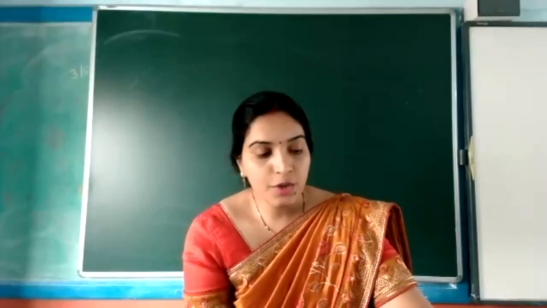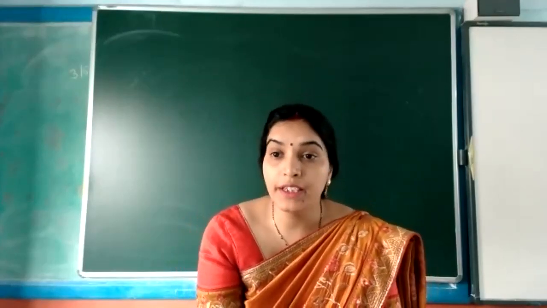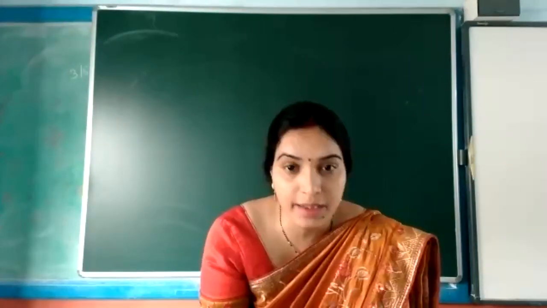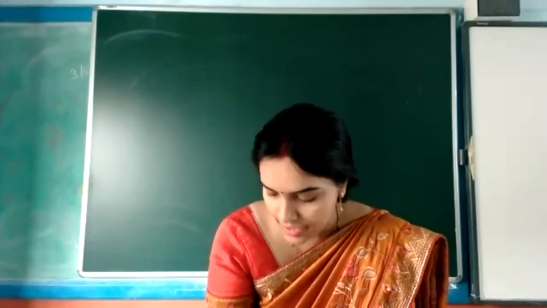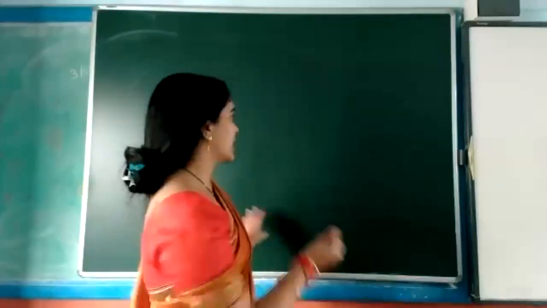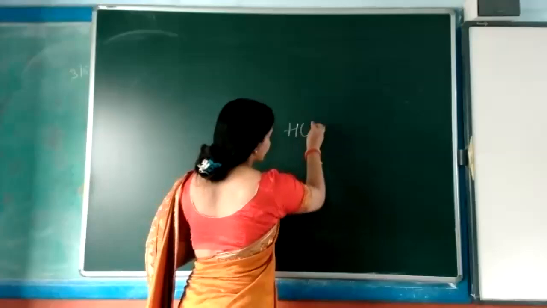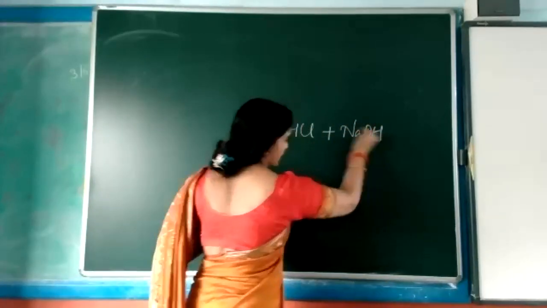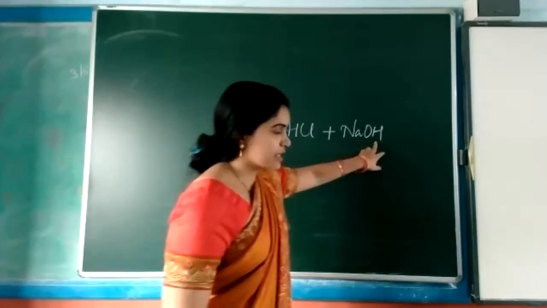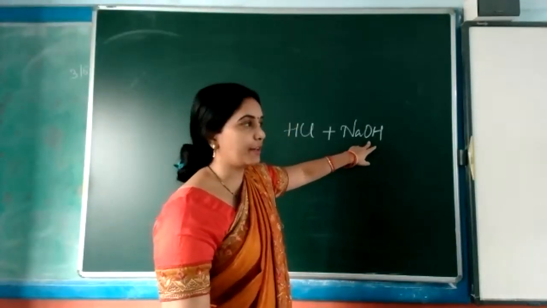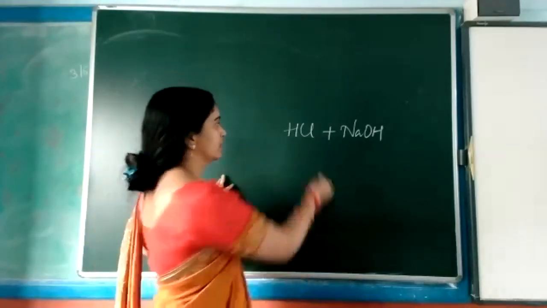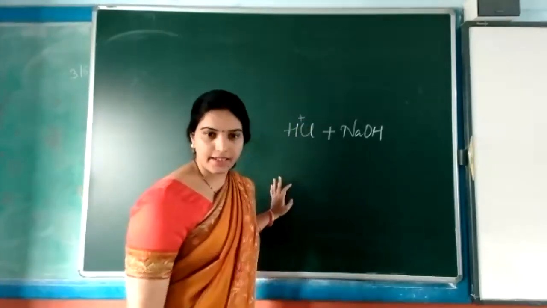Now, as I told you, the salt is formed by the neutralization reaction. So definitely neutralization reaction takes place in between acid and base. Suppose taking example HCl and sodium hydroxide, NaOH. NaOH is base because it contains hydroxyl ion, and hydrochloric acid is acid because it contains H plus ion as well. Clear?